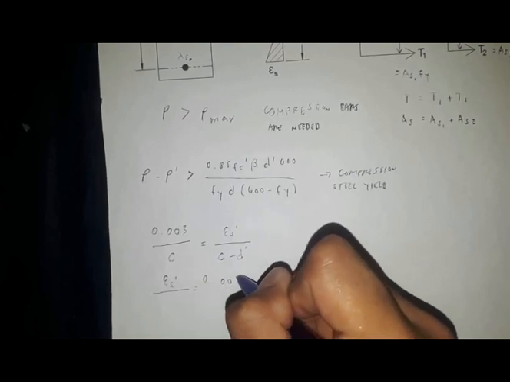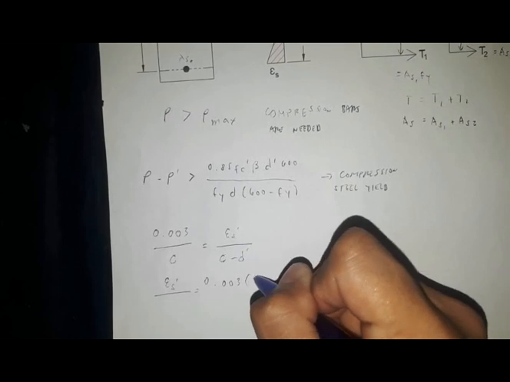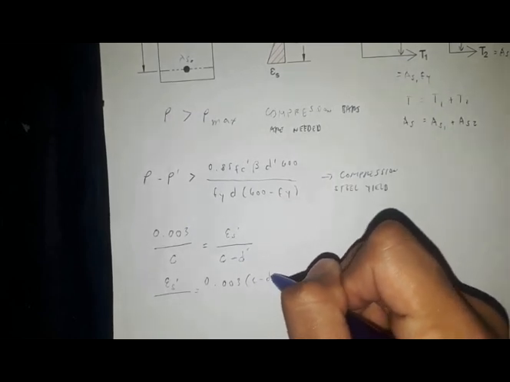The strain on the compression side is equal to 0.003 times C minus D prime over C.